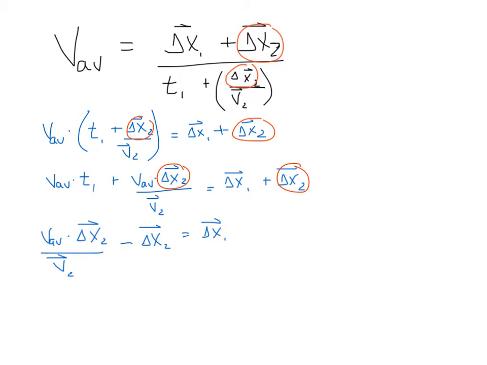Delta x1. And then this guy got subtracted over to that side, right? So minus the quantity, average velocity times time 1, right? Now you would have done the multiplication first anyway, because that's order of operations, but that just combines it there a little bit.